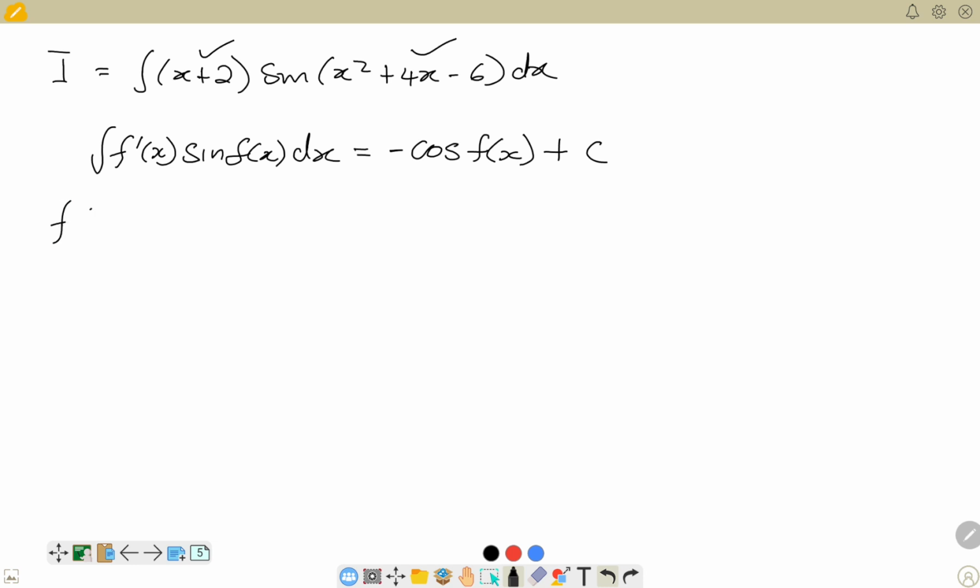So if my f(x) is x squared plus 4x minus 6, when I differentiate this, it's going to be f prime equals 2x plus 4.